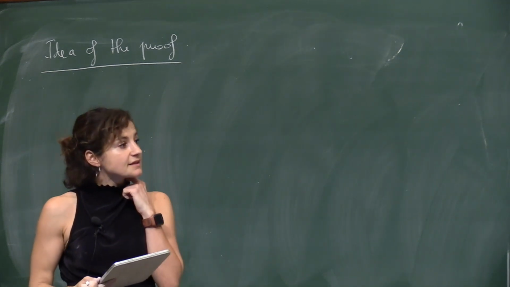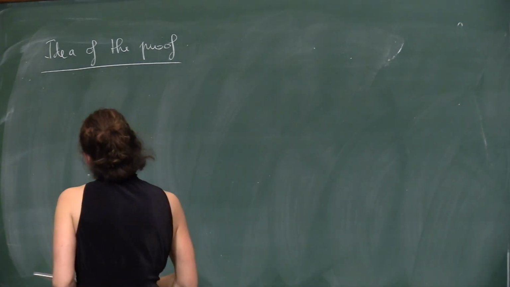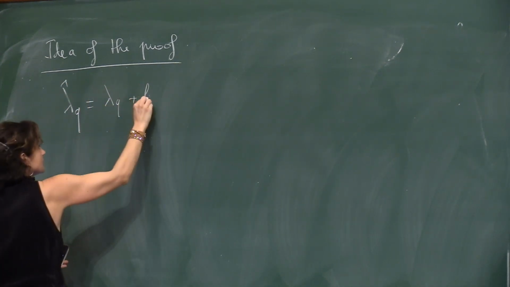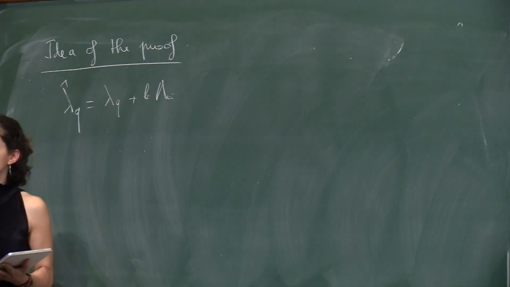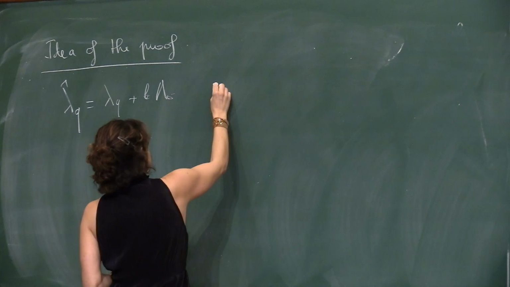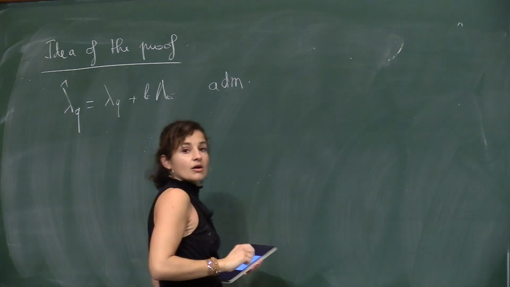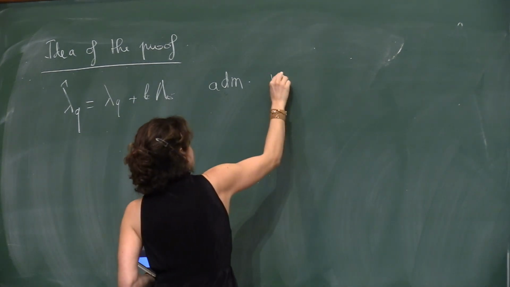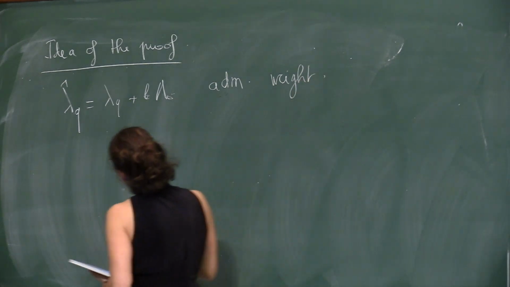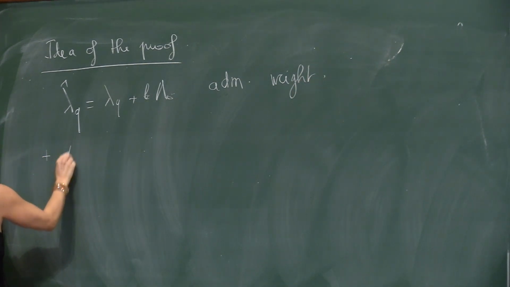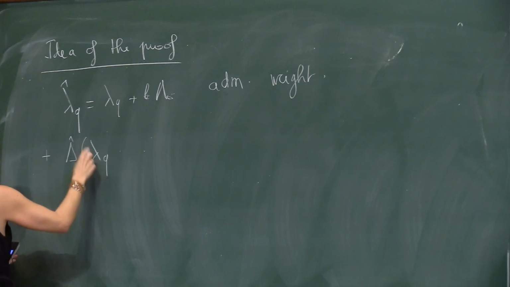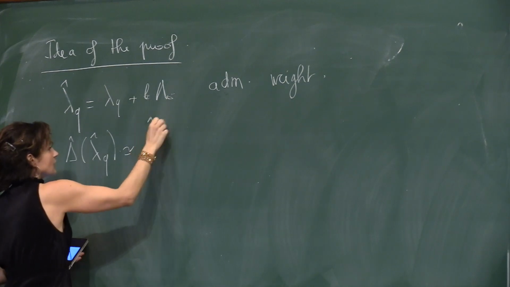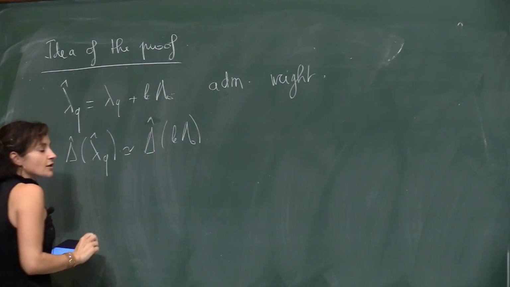So the key point is the following remark. This lambda_Q hat, I recall that this is just this. By construction it has level k, but also one can show that this is admissible with respect to the definition I gave of admissible level. So this is an admissible weight, and also the integral lattice associated with it is isomorphic to the integral lattice of q lambda_0.